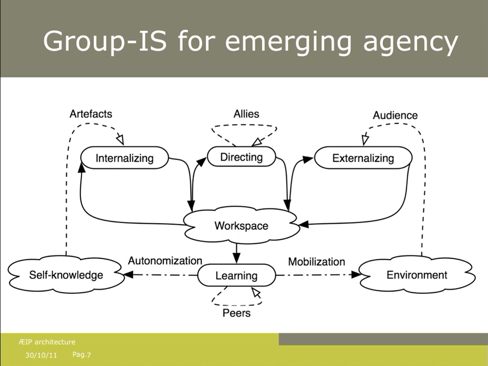Another model, but therefore I would refer also to the presentation on novelty, is when you replace the control elements not with concepts this time, but with agents. So artifacts, allies, audiences, and peers are all kind of agents, and then it makes agency emerge.